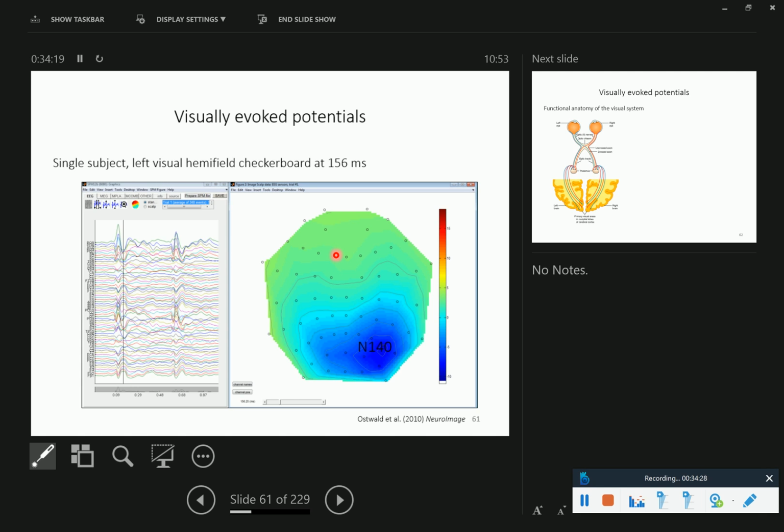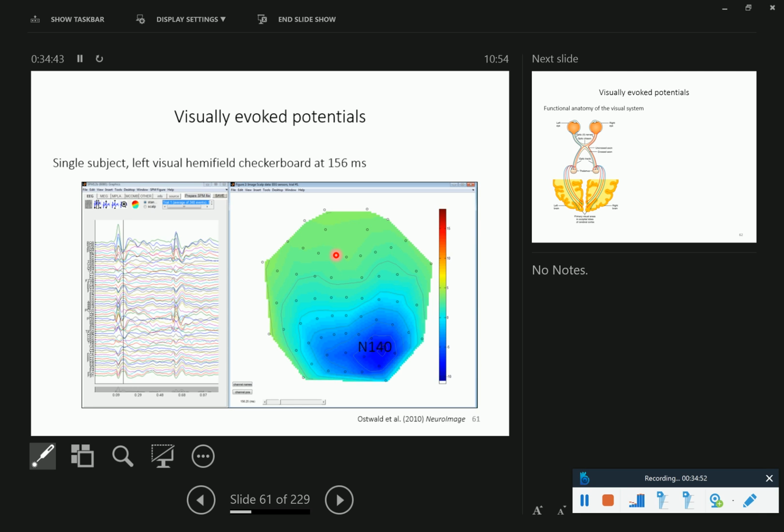Of course, we also don't record the whole thing completely spherical. So can I guarantee that? I'm not sure whether I can guarantee that we would see a positivity, for example, on the chin where we don't sample, so I don't want to put my hand in the fire for that, but one could imagine that.